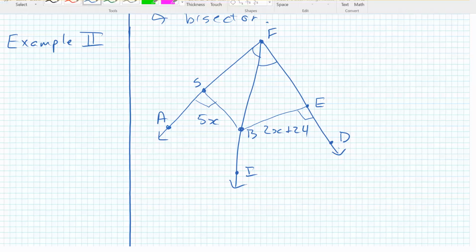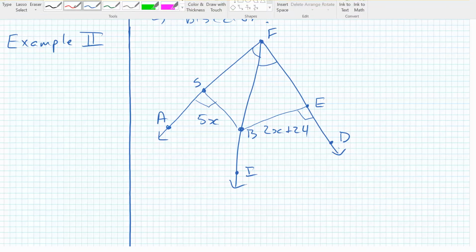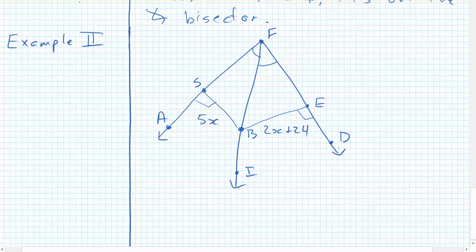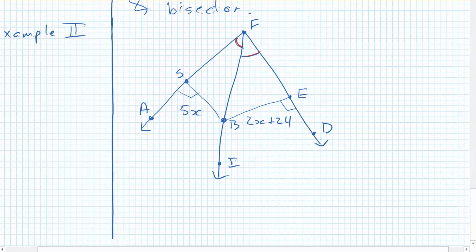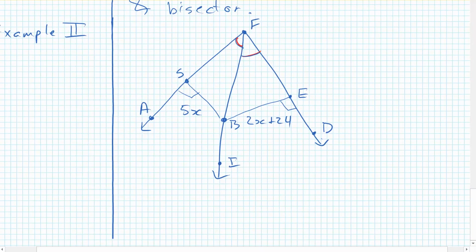We can tell that FB is the bisector of AFD. How do we know that? Well, we know that it's the bisector because we're told that these two angles are congruent. And if those two angles are congruent, and B is a point on the angle bisector, we know that BE has to be congruent to BS.